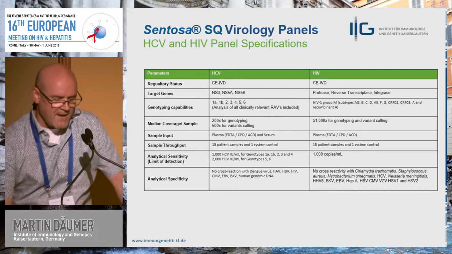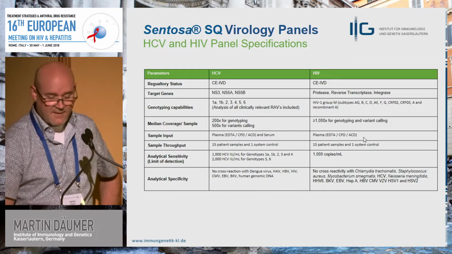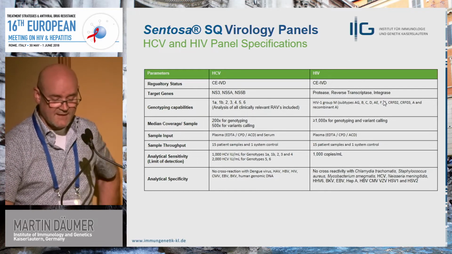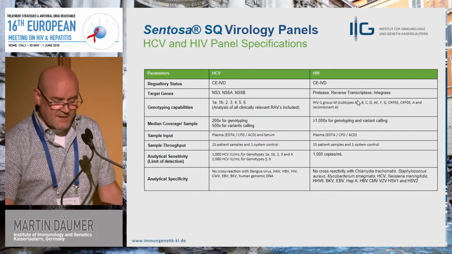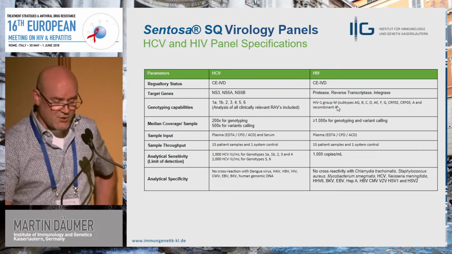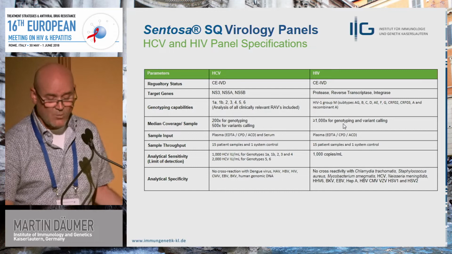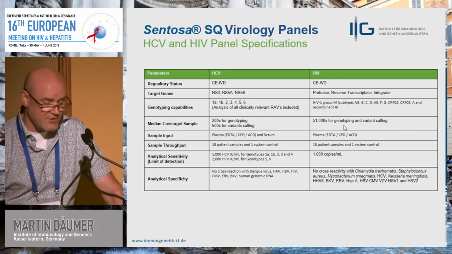So, focusing here on the right column, HIV: it is integrated is the protease, reverse transcriptase, and the integrase. So V3 is missing, and it covers all major or all subtypes from the group M. So at least you will end up with more than 1,000 X coverage for the variant calling.